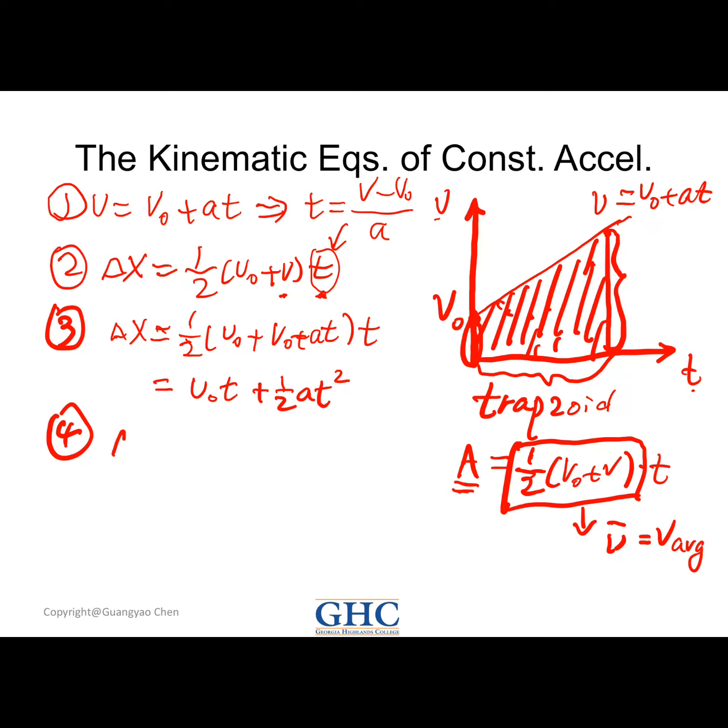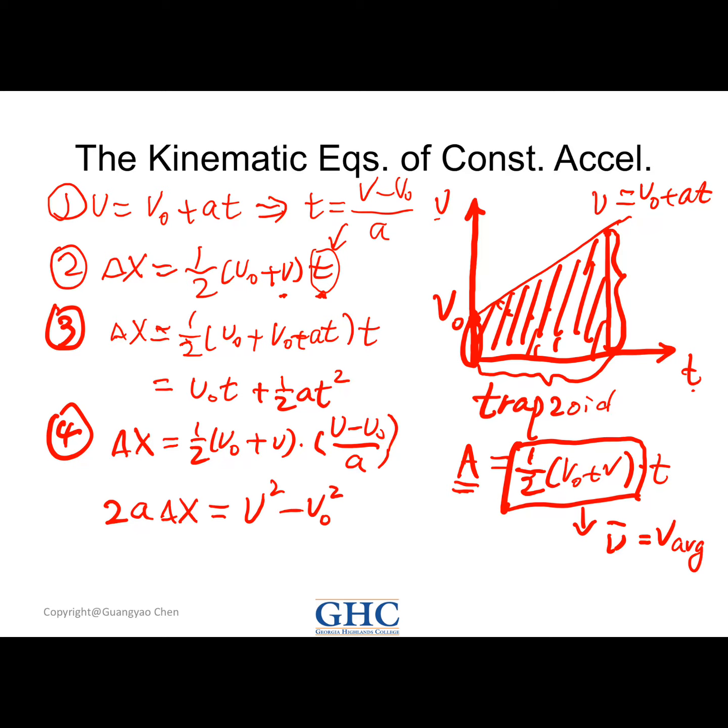So you will have x equals 1/2 (v0 plus v) times (v subtract v0) over a. With a neat rearrangement, you should have 2a x equals v squared subtract v0 squared.